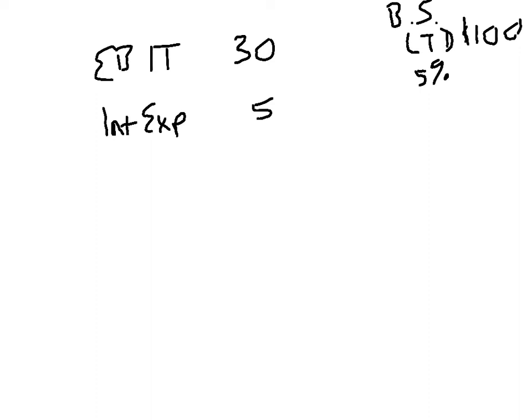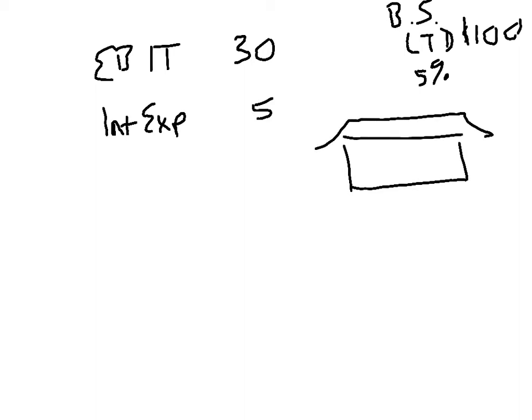So this company goes to the bank, and they say, we want to borrow some money. And the bank says, okay, no problem. We'll do it for you on 2 conditions.